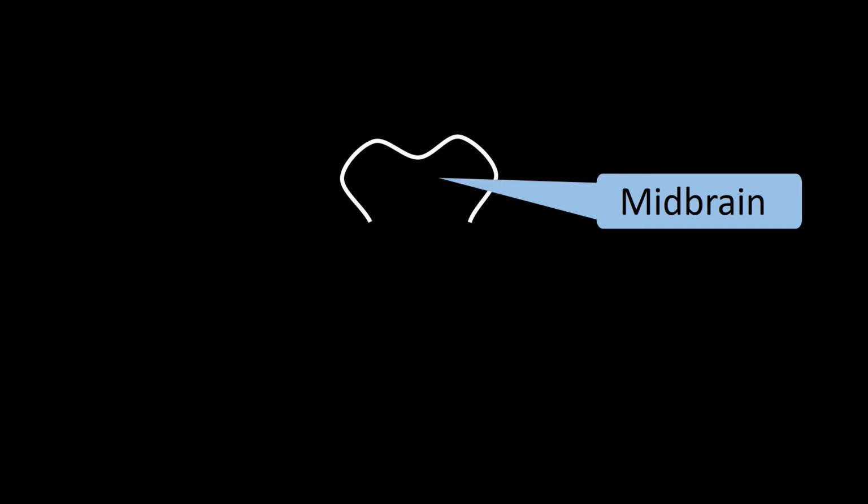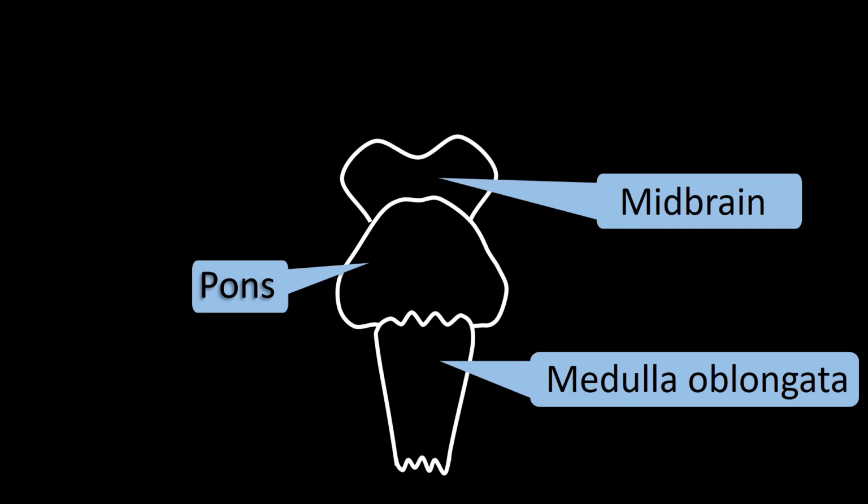Then just mirror the same structure on that side and bring it to the level that you started. So now we have built the midbrain, and I will incorporate it, as you can see here, to the other two previously drawn structures.